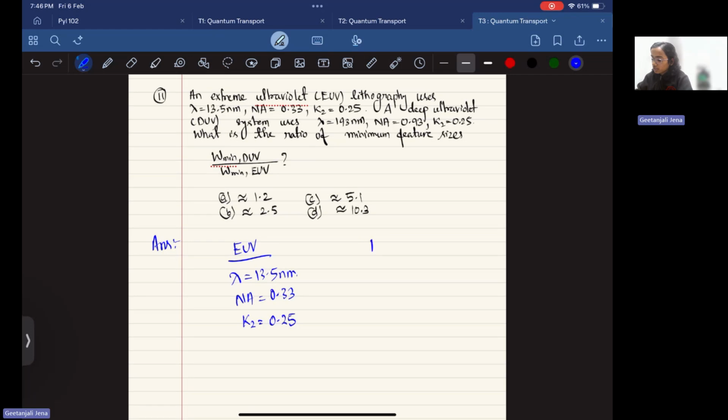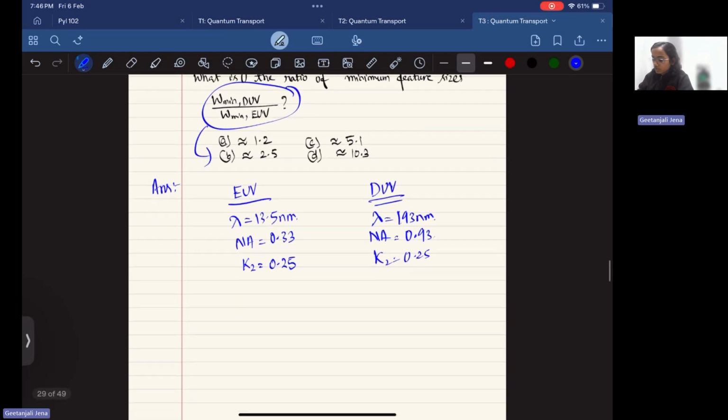And another, a deep ultraviolet system, has lambda 193, numerical aperture 0.93, and K2 given as 0.25. Then what is the ratio of minimum feature sizes? What is this ratio?